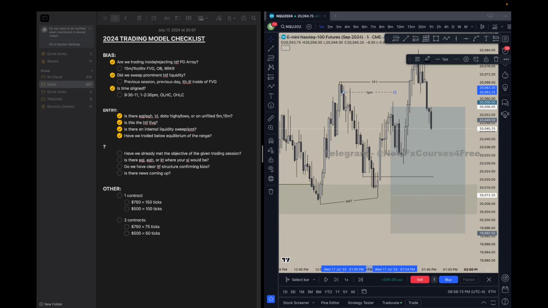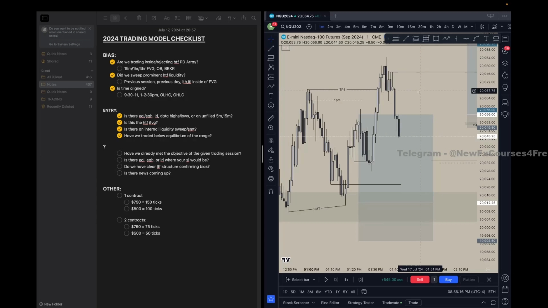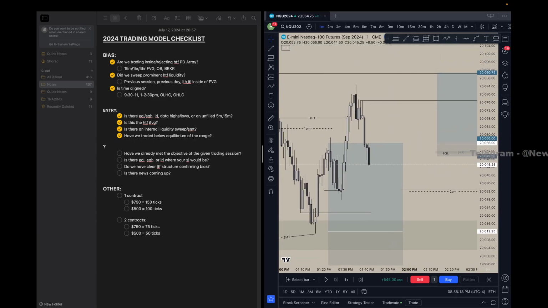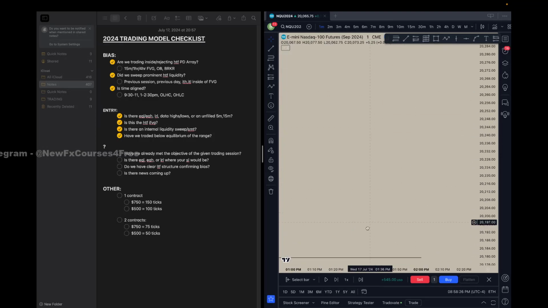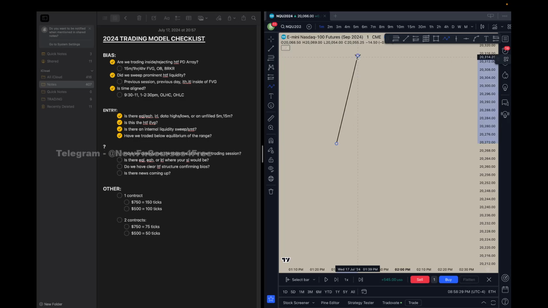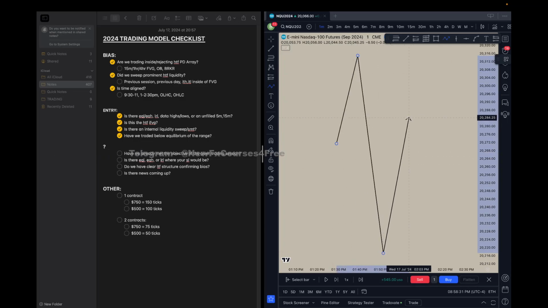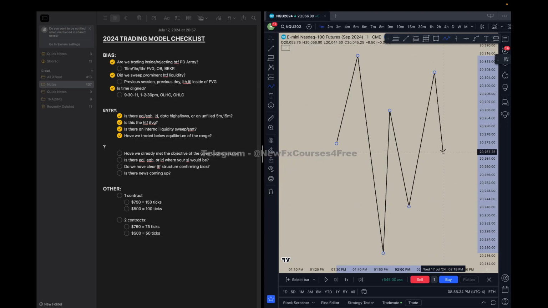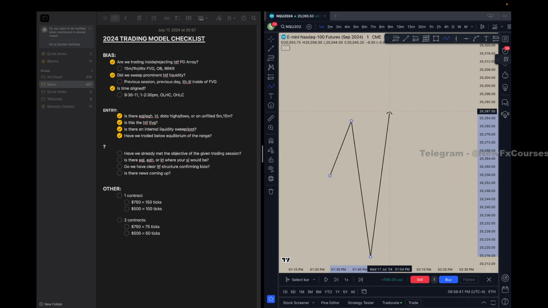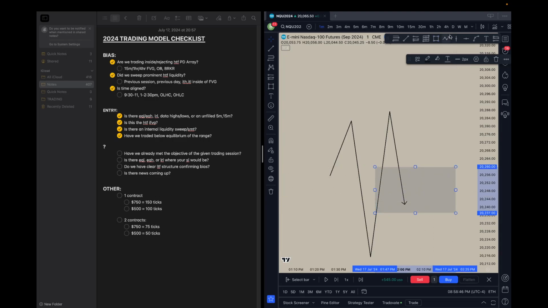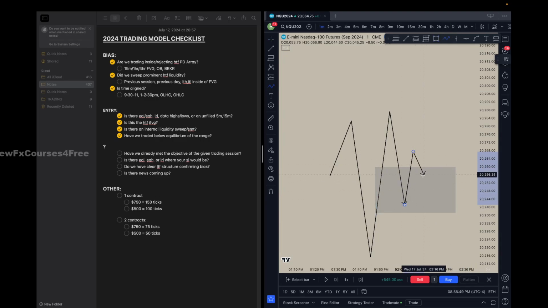When is it valid to take an inversion when we haven't swept liquidity if we're rejecting from a higher time frame PDRA? Usually we will be sweeping some sort of liquidity most of the time. But if you're talking about V-shape recoveries, I usually won't get in off the initial V. Instead I'll wait for a confirmation that it is a V-shape recovery, and then wait for a fair value gap here to get respected, and then for us to trade out of this, and then I'll take some sort of setup in here.